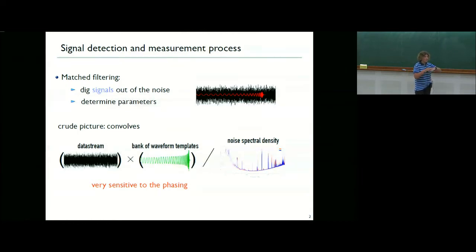If your model gets out of phase with the true signal, that will be obvious when you do this convolution. That's just a very rough idea, just to emphasize that these experiments are very sensitive to the phase evolution. So even a small difference in phase can be detected.